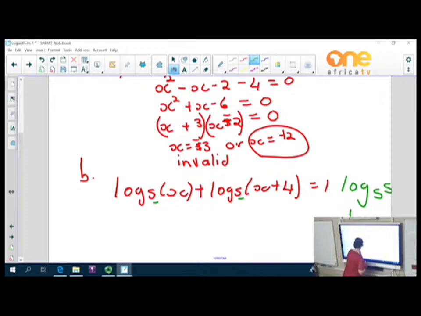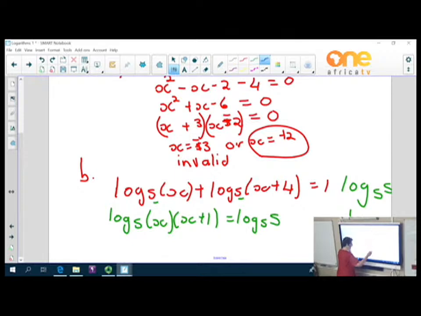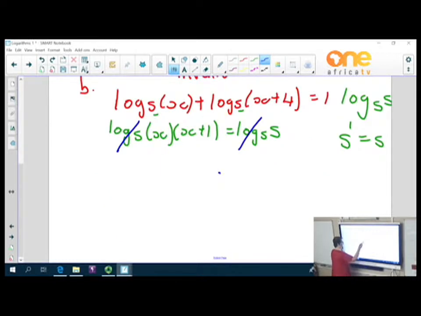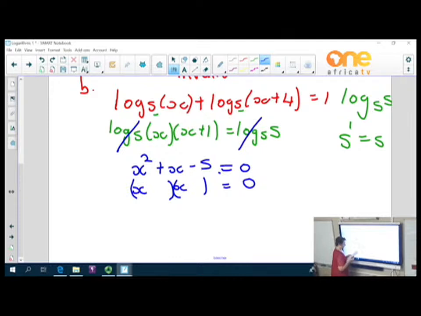Now I apply my log laws, so log base 5 of x times x plus 4 is equal to log 5 of 5. Now we can cancel the logs on both sides and again a trinomial, x squared plus 4x, I bring that one over, minus 5 is equal to 0.